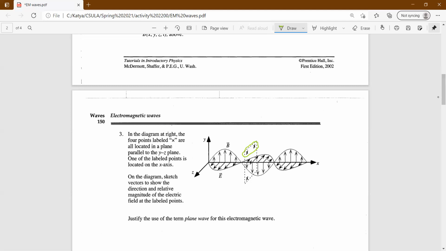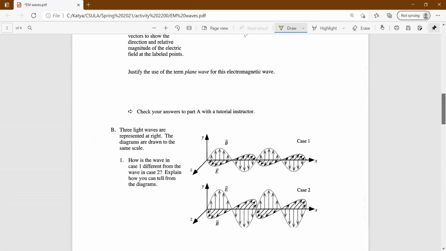All the vectors of the magnetic and electric field are going to be absolutely the same for all the points in the same plane, because the only variable here is x. If you change x, something is changing. If you don't change x, nothing is changing, unless you change time. Okay, so you can answer these questions.